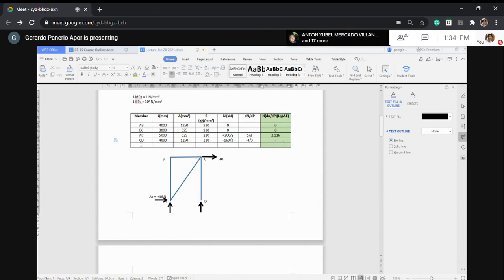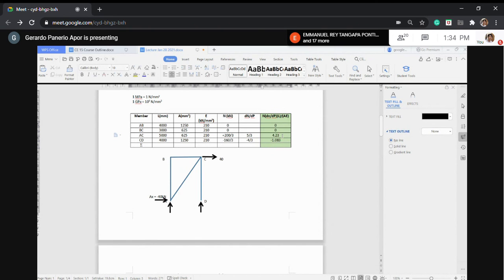We have 1.083 mm. So again, I will review 200 times 5 times 5,000 divided by 9 divided by 625 divided by 210. So this is actually 4 din siya.